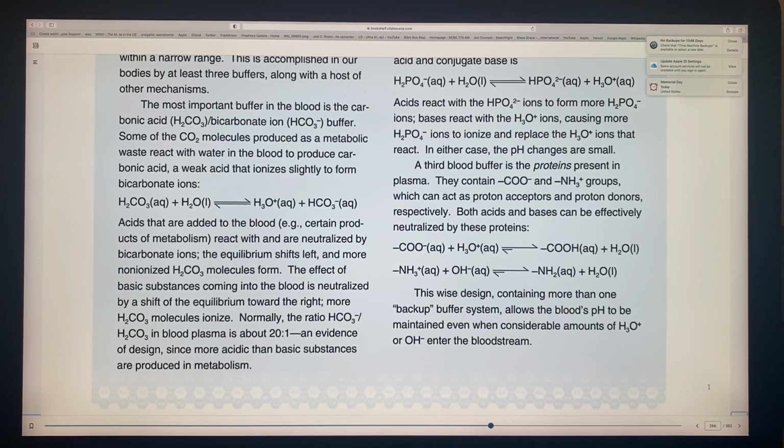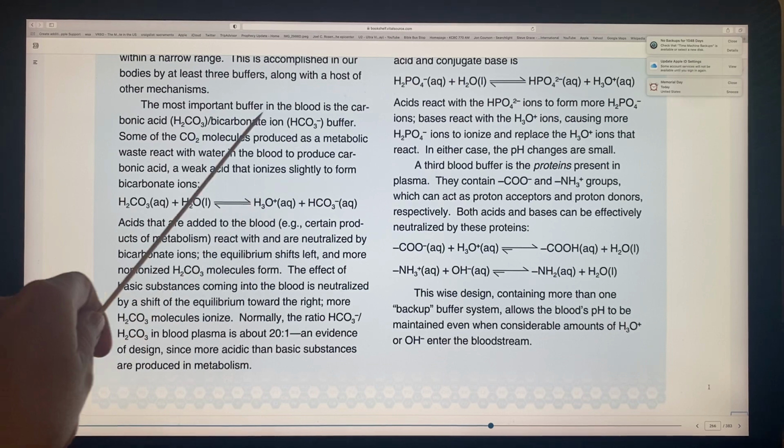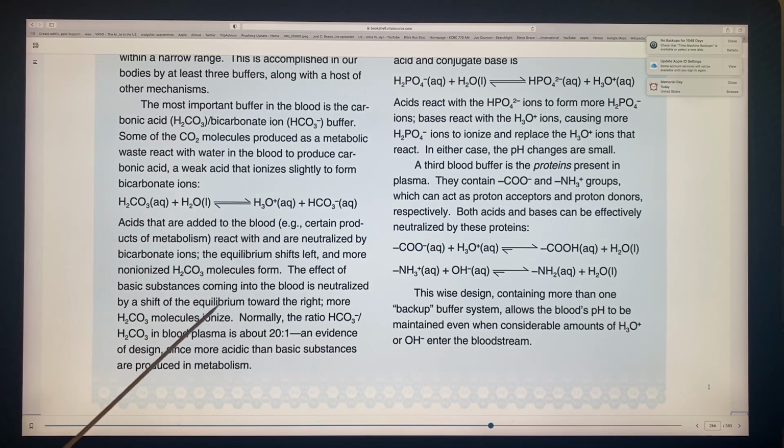As it's combining here to get rid of the carbonic acid, it's a weak acid there. It's metabolizing and producing this weak acid. The acid adds to the blood to neutralize the blood by a bicarbonate, and this shifts everything to the left. Such a beautiful design here. So here you have it for the bicarbonate system, back and forth as it's buffering out our blood.